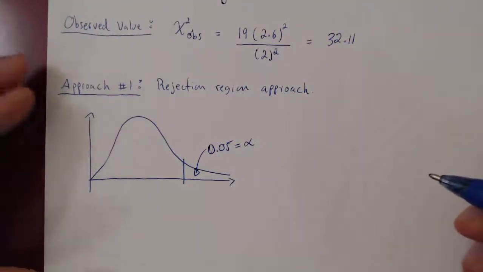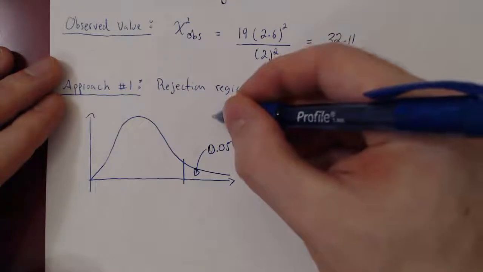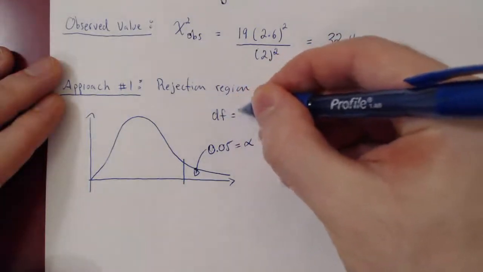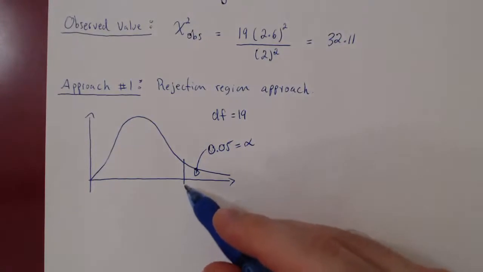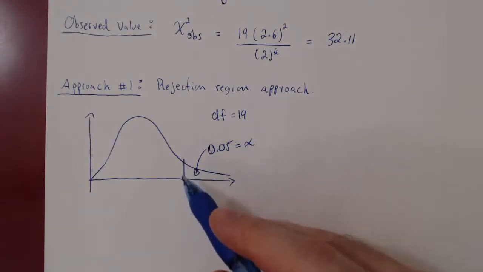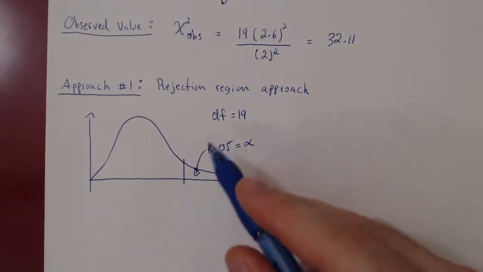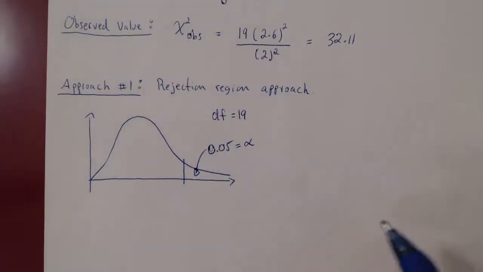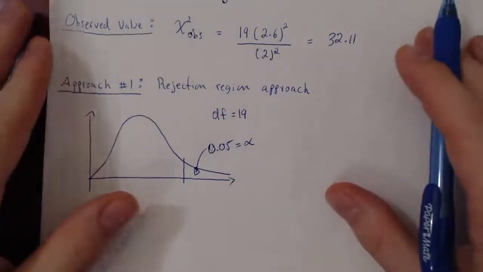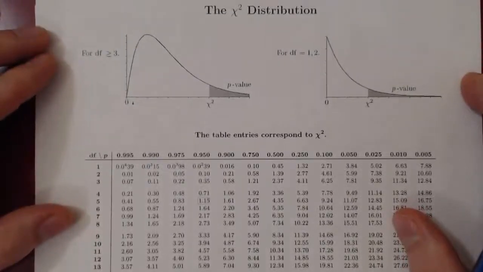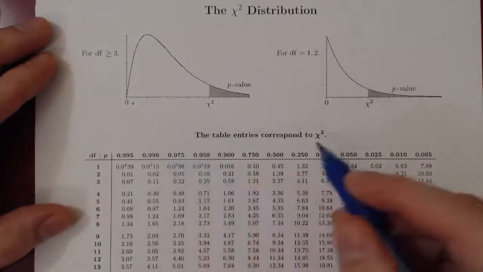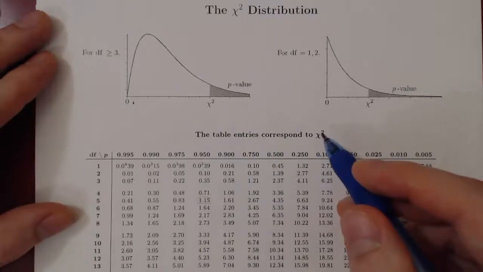Now we have to use our distribution table. We had 19 degrees of freedom, so we have to figure out the chi-square value where to the right we have 5% area. So we use our table of the chi-square distribution. The table entries are values of chi-squared, which is what we need.